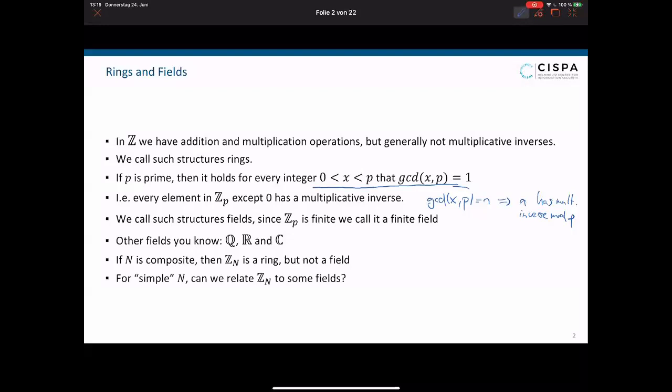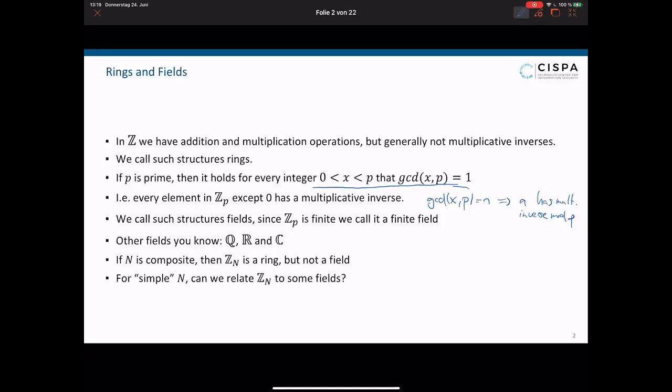Can we sort of express this ring in terms of these simple objects that are fields? Think of fields as simple objects, because everything has an inverse. There are no troublemakers, right? Think of all the elements in Zp, except for 0. 0 is maybe a troublemaker, but all the others have multiplicative inverses.